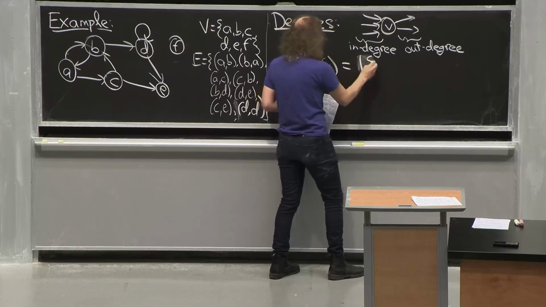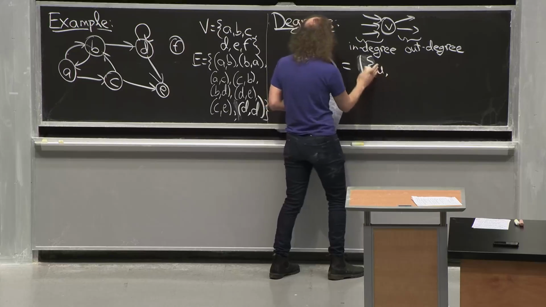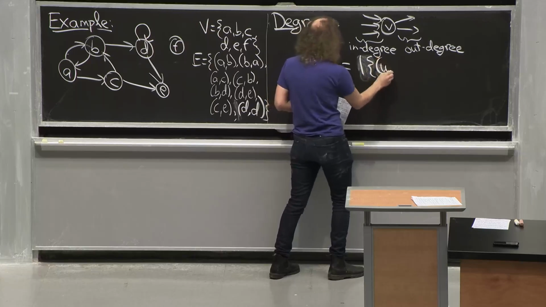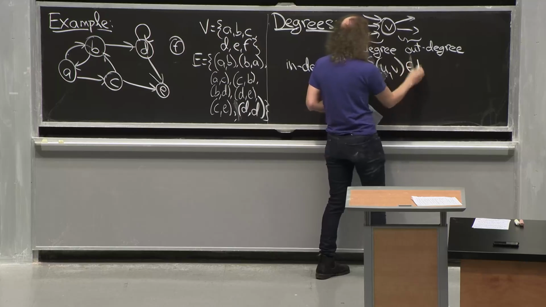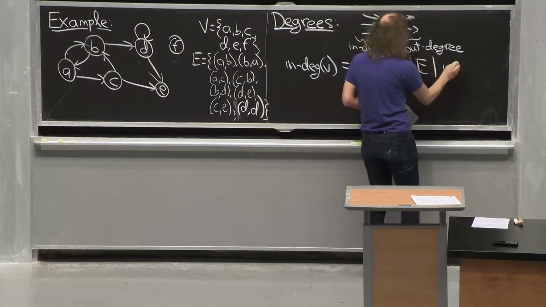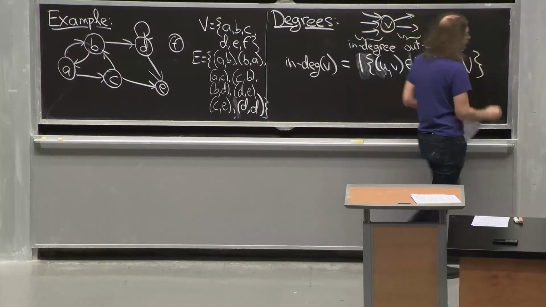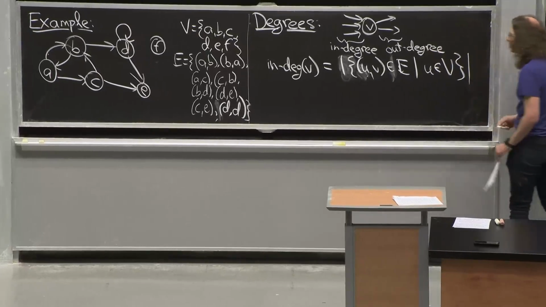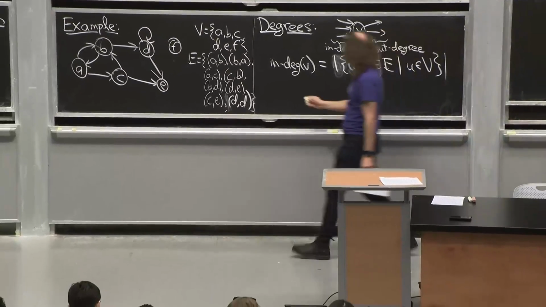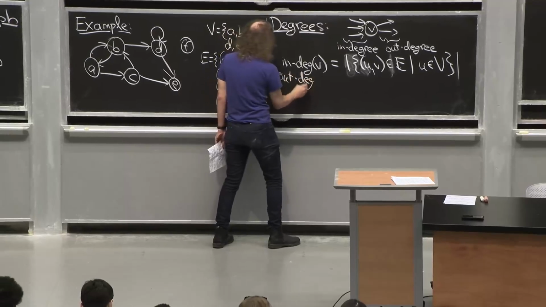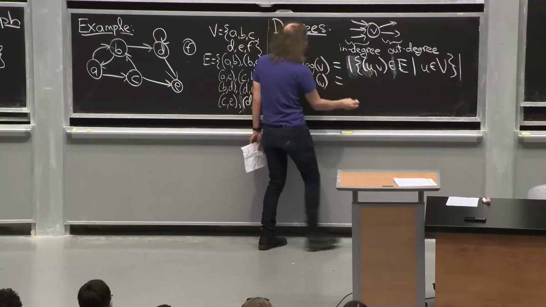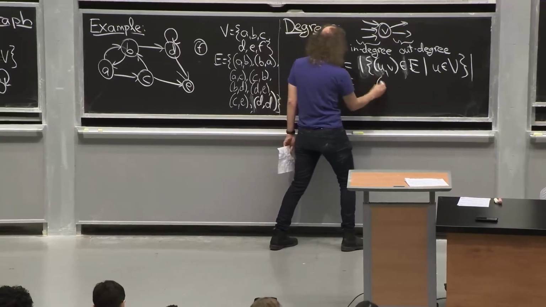The cardinality of the set of edges UV that are in E, where U is some vertex. So this is just counting the number of edges going into V, and the out degree is symmetric. This would be like V comma U.